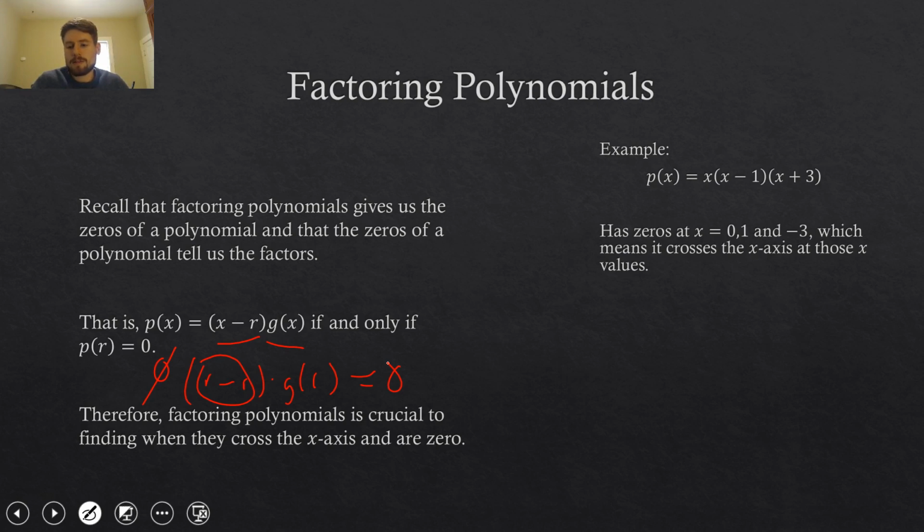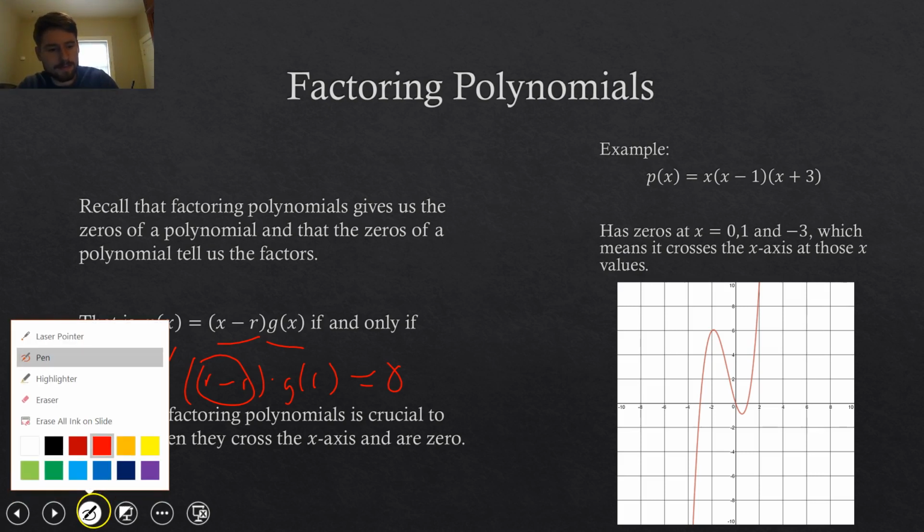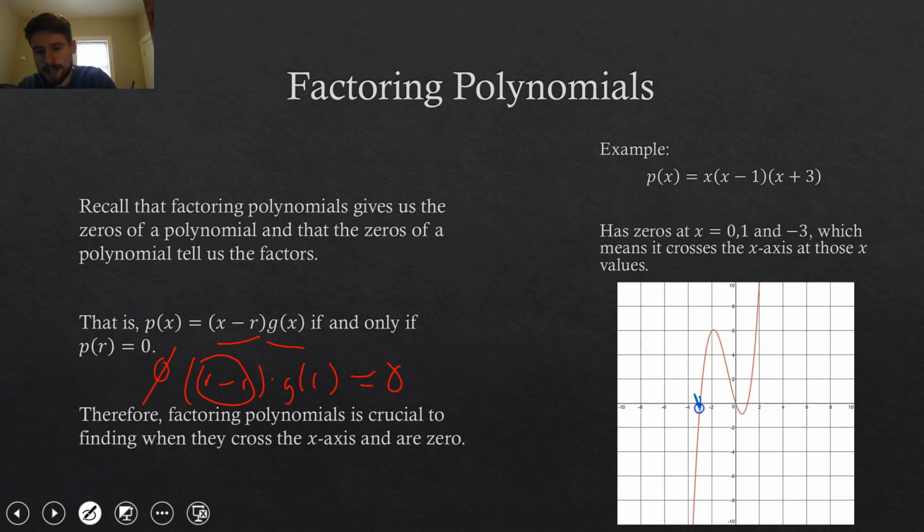So we have 3 crossings, 0, 1, and negative 3. And so those are our 3 zeros, and we can sketch a graph from that. Because we know that it's got to cross 3 times, at -3, 0, and at 1. And we also know from looking at this that it's x cubed plus stuff.